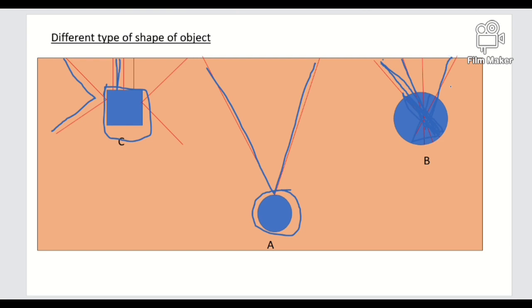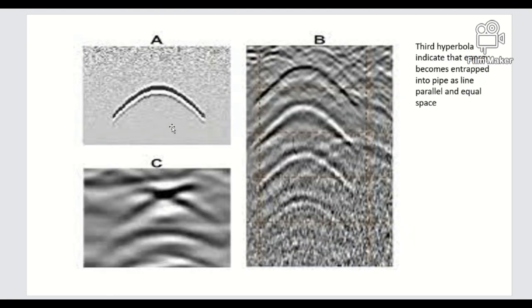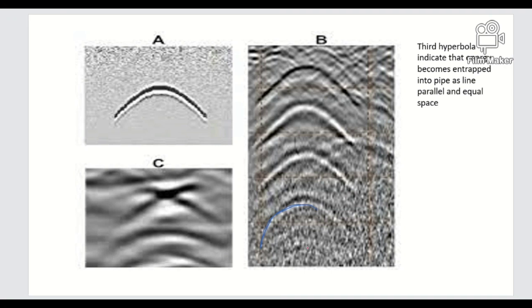So for a deeper object we will see this type of hyperbola tail. Here the deeper object gives low contrast resolution, and this gives high contrast resolution. So this one is at shallow depth and this one is at deeper depth.